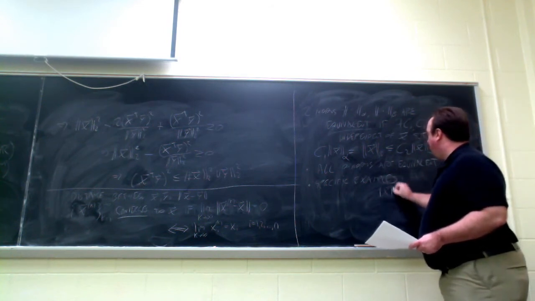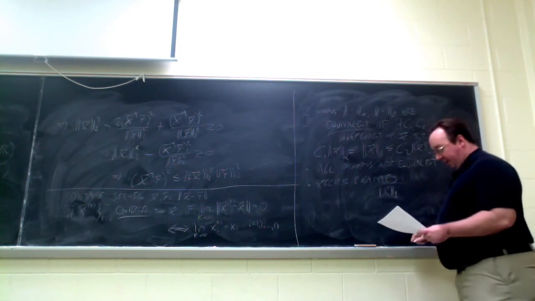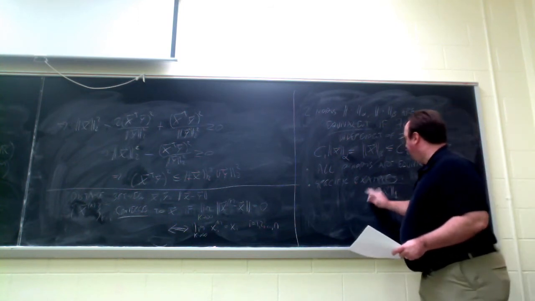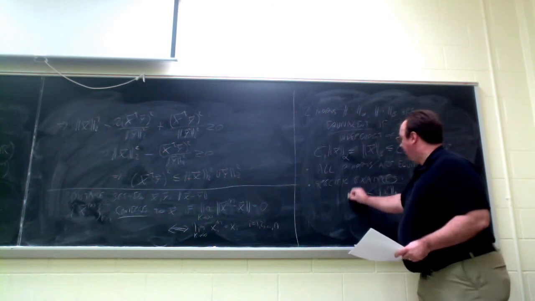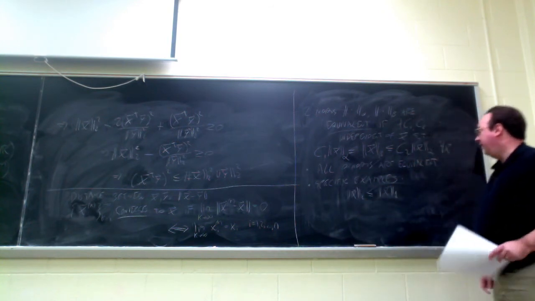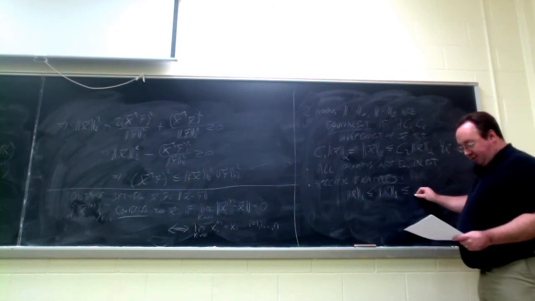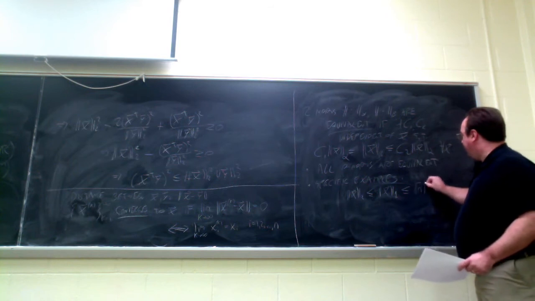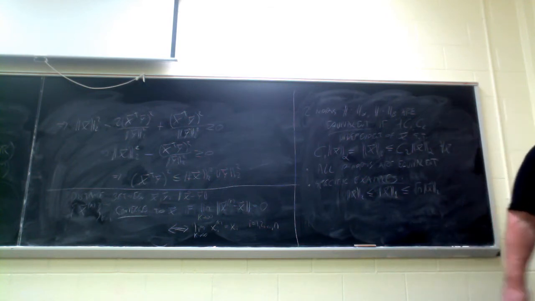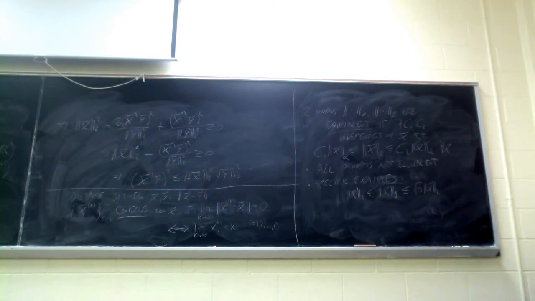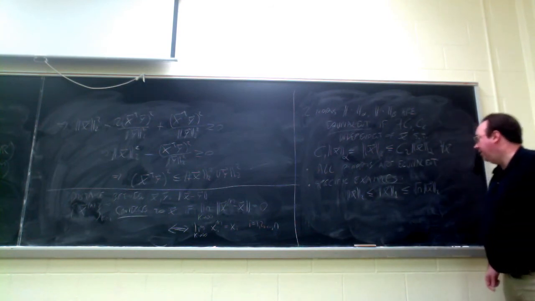You can say that the 1 norm is greater than or equal to the 2 norm for all x, and this is less than or equal to the square root of n times the 2 norm of x.